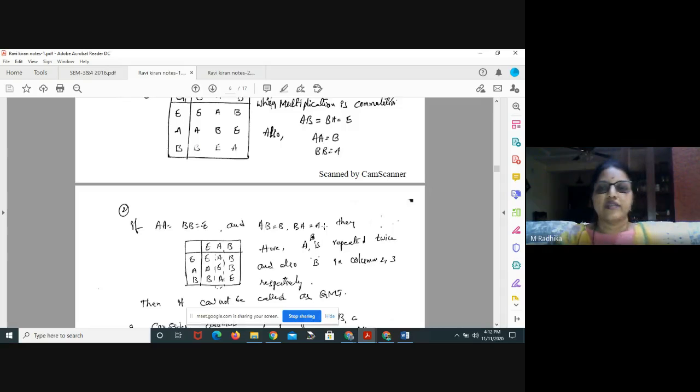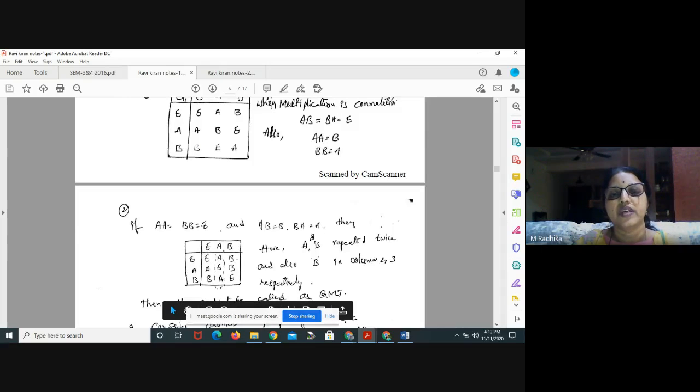E into E is E. A into A is E. A into B is B. B into A is A, B into B is E. Can you see here? Two B's and one E.